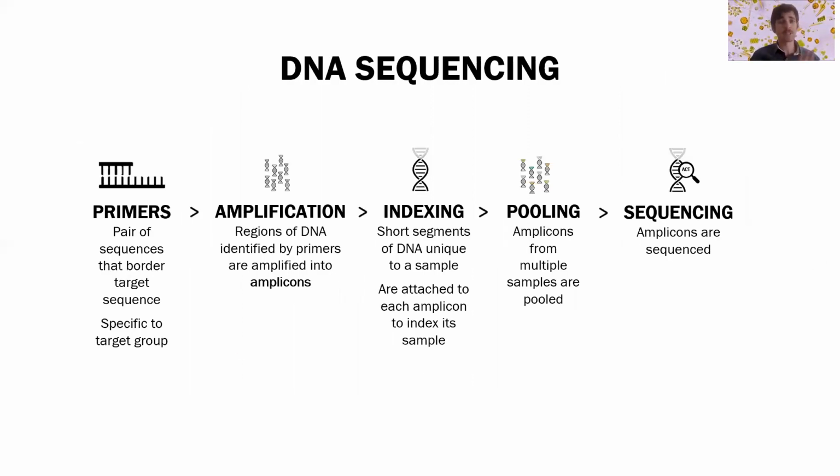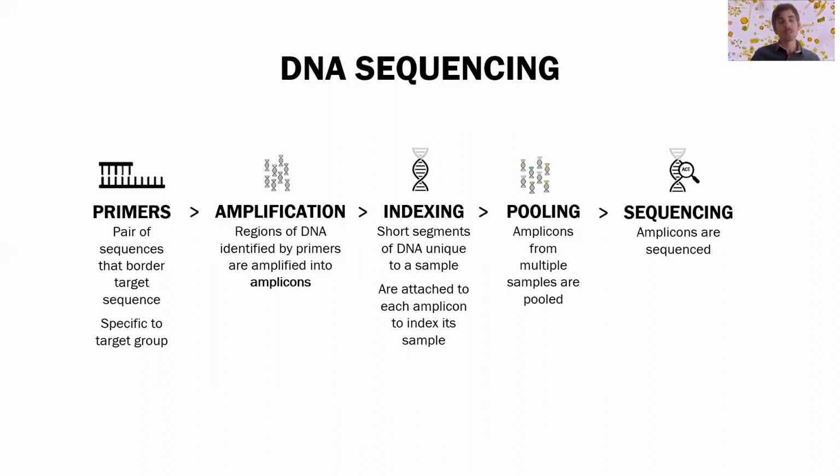So in DNA sequencing, there are 5 major steps. The first is to select a pair of primers that target that short segment of DNA that we're interested in. A primer is basically just a pair of sequences that border the target sequence. They latch on to the DNA and basically say, hey, we need to sequence what's in between us so that we can get that taxonomic information.